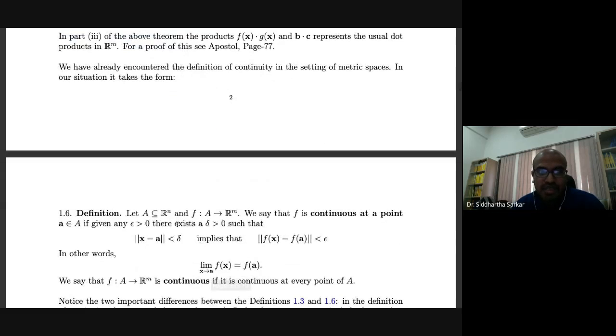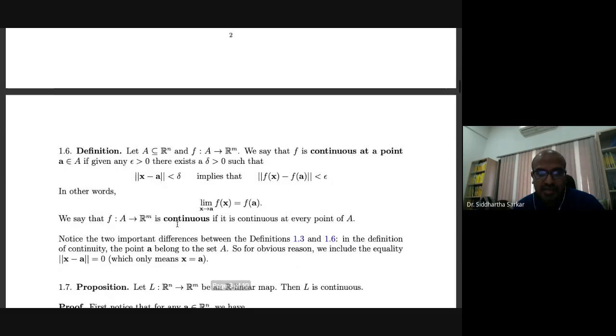Okay, so let's go ahead with continuity, and keep in mind this is slightly different from the existence of a limit at this particular point. Other than that, it's exactly the same definition. Here I need to make sense of f(a), so I need a to be a point of A. You take a subset A of R^n and a function from that subset A to R^m. You say that this function is continuous at that particular chosen point a if for any given epsilon positive, there is a delta so that the image under f of the delta radius ball around a goes inside the epsilon radius ball around f(a).